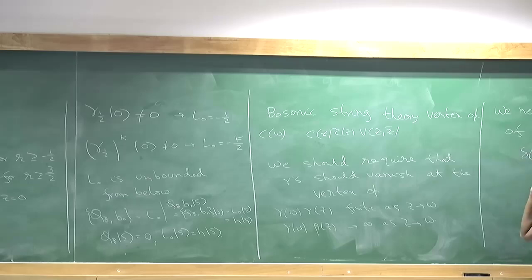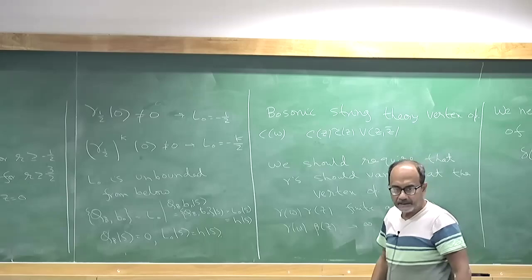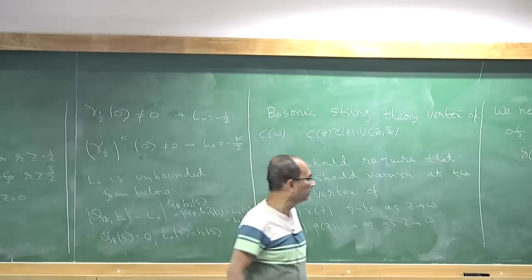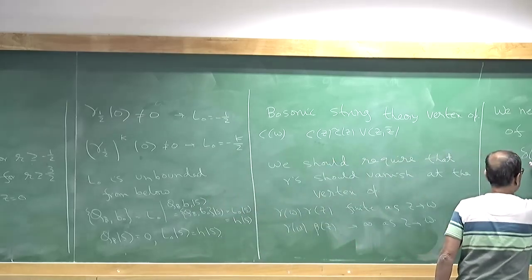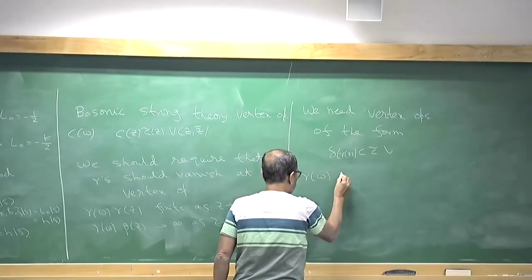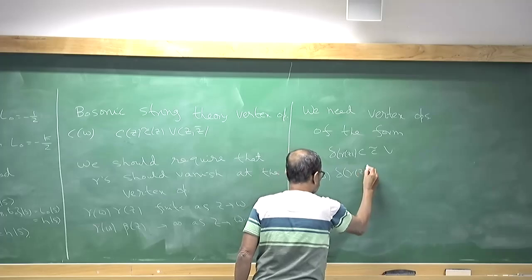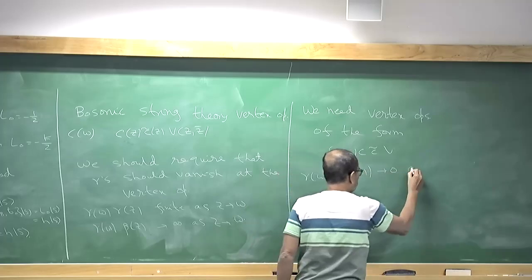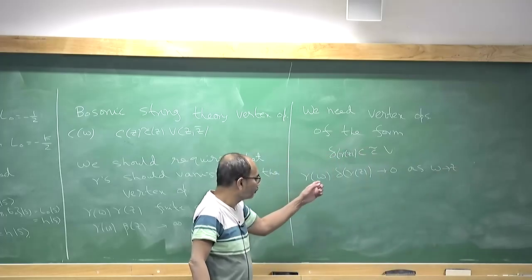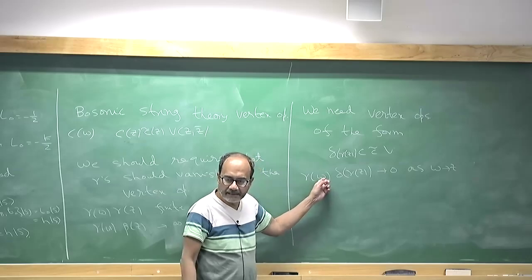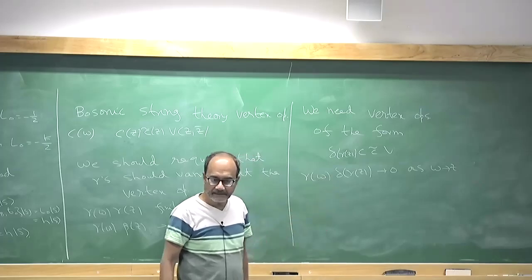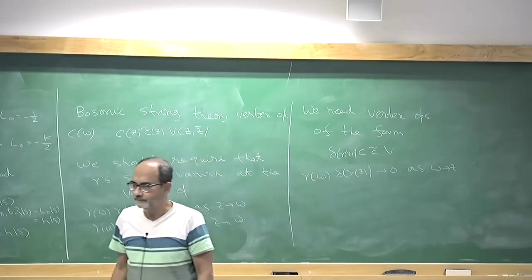Delta is just the Dirac delta, but with gamma as an argument, gamma of Z. Gamma of W times delta gamma of Z should go to 0 as W goes to Z, because as W goes to Z, gamma of W goes to gamma of Z, and X delta X is always 0.